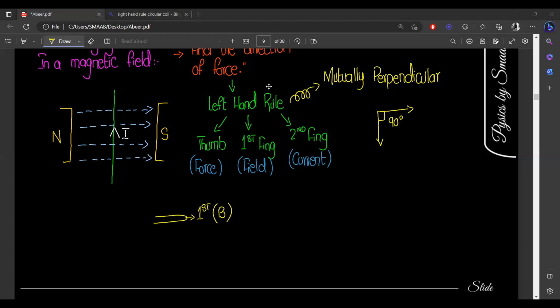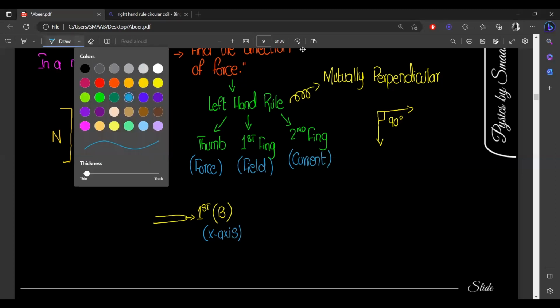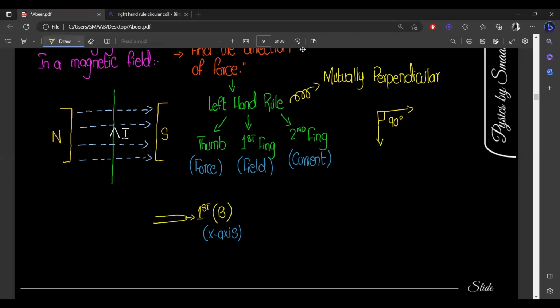Because the magnetic field is on the x-axis. This field is on the x-axis because we know that all are mutually perpendicular, so it will divide equally in all three directions. And our second finger will be in the upward direction.